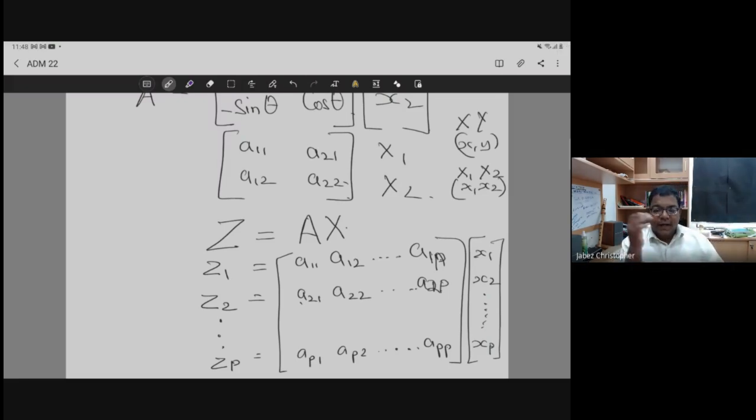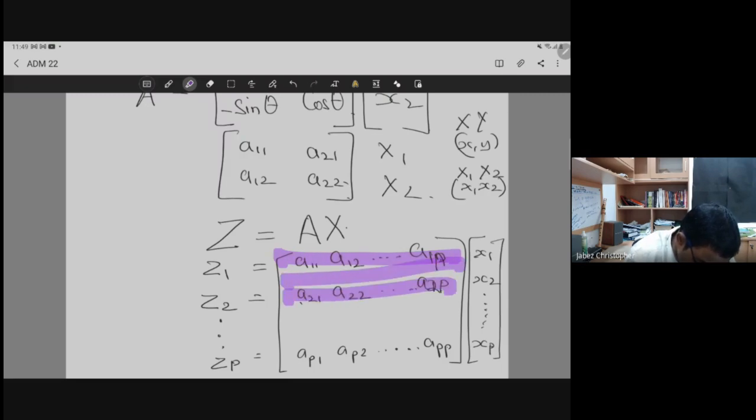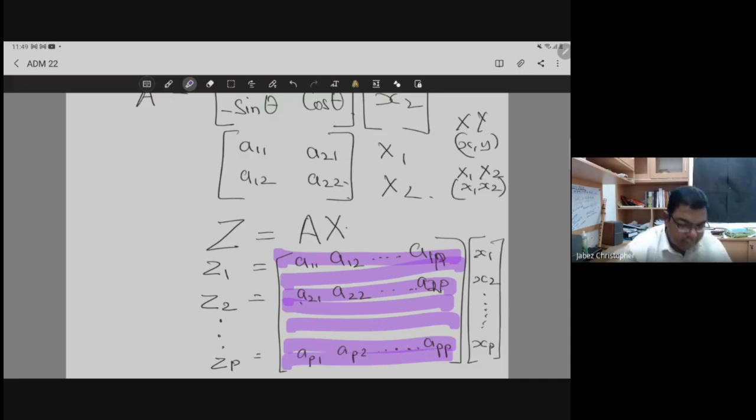Right? For any data set, to transform it to another data set, you had a covariance matrix in that slide. You remember? Likewise, you have a transformation, this.